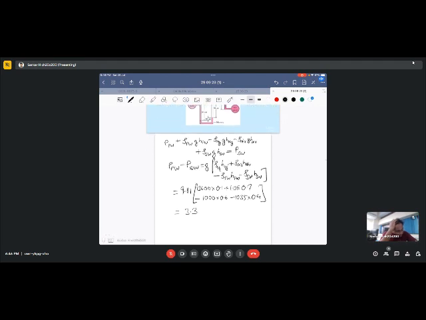In fact, you will get the value to be roughly equal to 3.39 kilopascal. Please do confirm the same. The differential pressure will come out to be around 3.39 kilopascal.